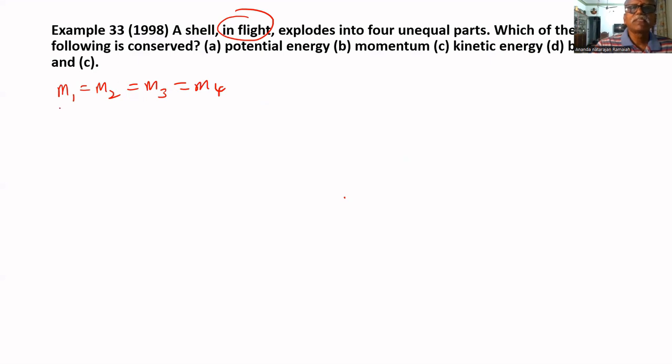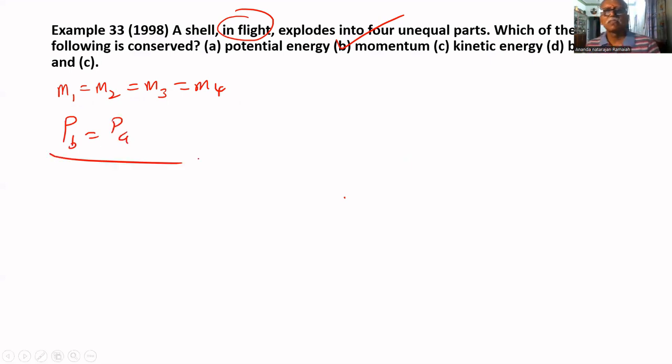Which of the following is conserved? Momentum is conserved. By momentum only we are finding, no? That's why momentum is conserved. As in the previous sum, P before equal to P after. Therefore, momentum is conserved. Shall we move to next sum? Yes, sir.